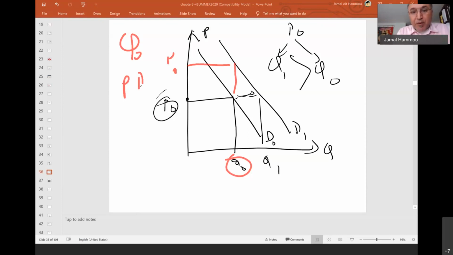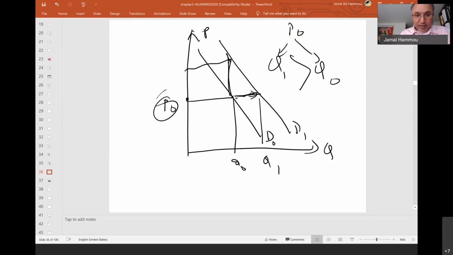What does that mean? People are willing to pay more for the same quantity. So the definition of increase of demand has two parts: people are willing and able to buy more at the same price, or people are willing to pay more for the same quantity. You can go up this way, or you can go to the right.